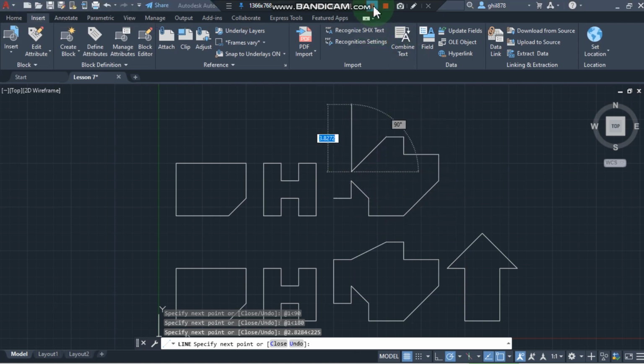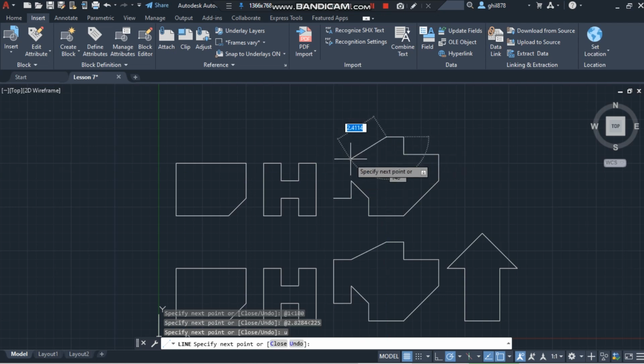So let's undo it. It should be around here. So it should be 155. Is that correct? It should be somewhere here.